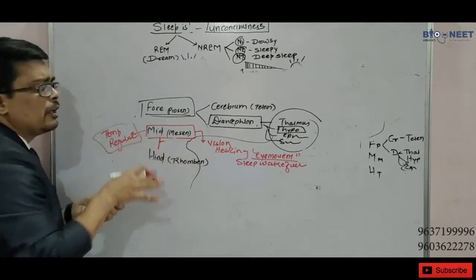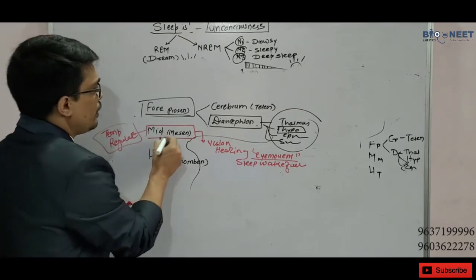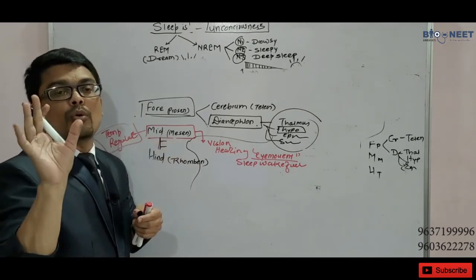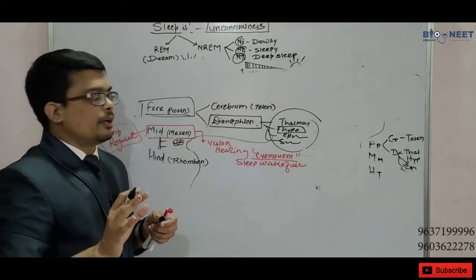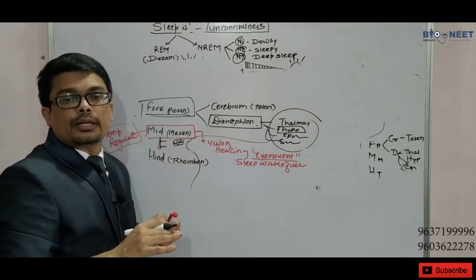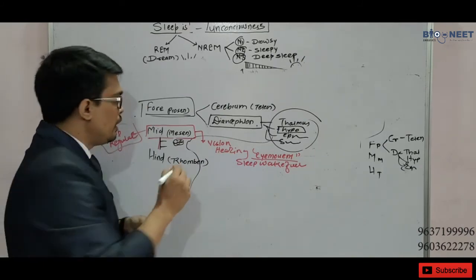I don't want you to go into detail of the midbrain. It has the cerebral peduncle, corpora quadrigemina with four nuclei, the cerebral aqueduct, and the rear part called the tectum with superior and inferior colliculi.